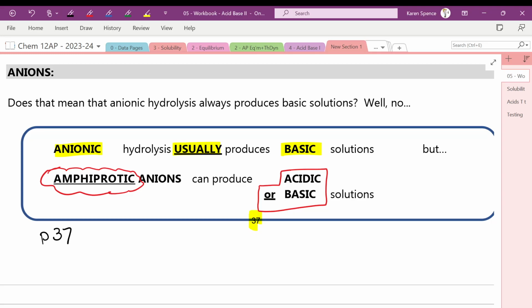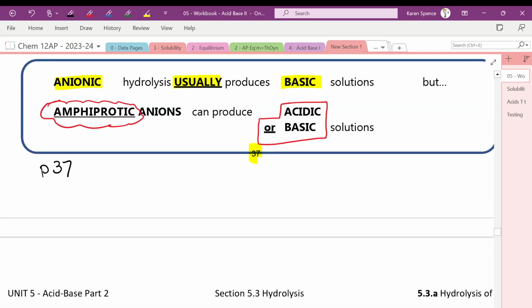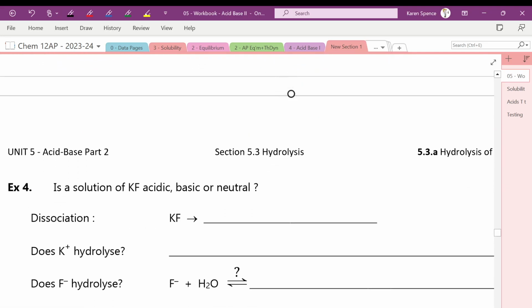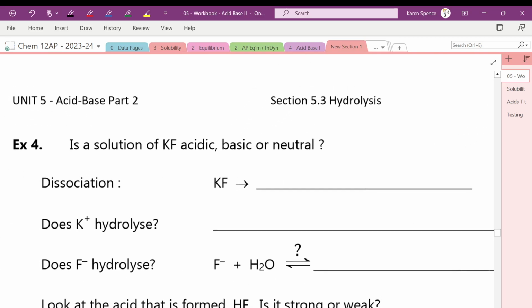So let's take a look at our anions. Is a solution of KF acidic, basic, or neutral? In order to figure this out, what do you want to do with your salt? How do you know that's a salt?